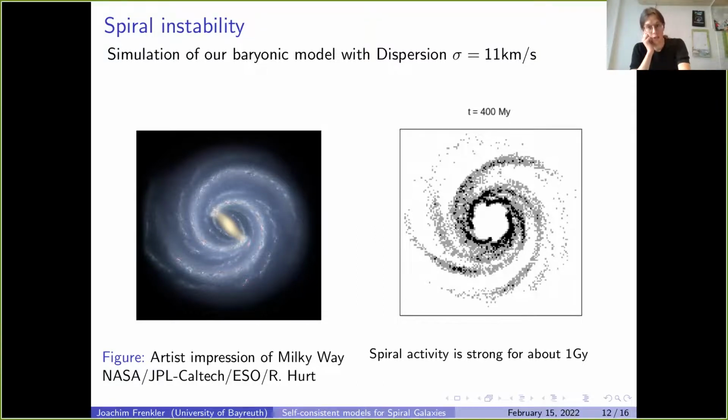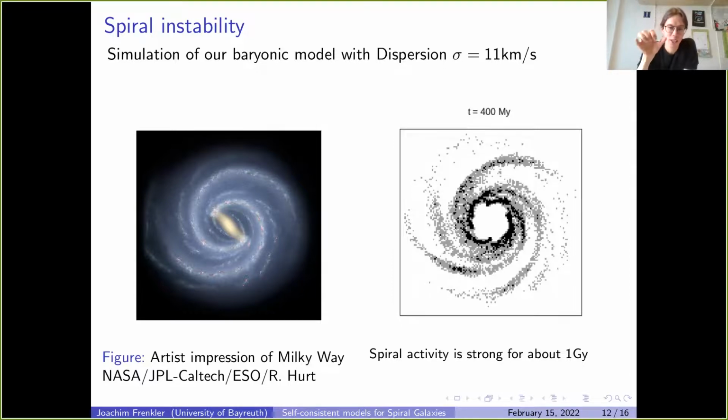Yes, and for a comparison, the age of the universe is about 13.8 gigayears, and the Milky Way is thought to be nearly as old as the universe. No, this I wanted to say later. I've forgotten what I wanted to explain first. Why does this spiral activity vanish from the model? What happens there?